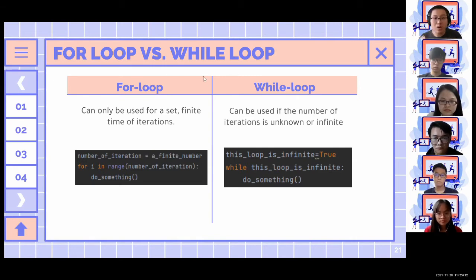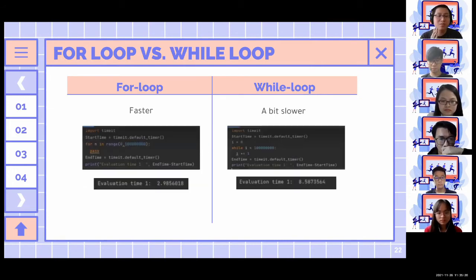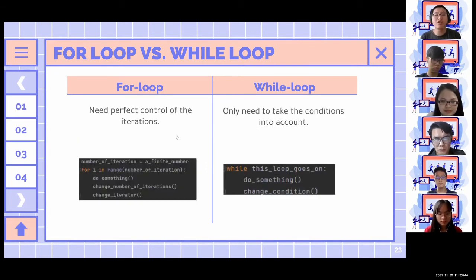But why do you use the for loops when the while loop is too versatile? The difference is in the speed. The for loop is faster as it only goes through the array, while the while loop needs to check the condition after the loop, which means it goes slower. And the last difference is in the user experience.